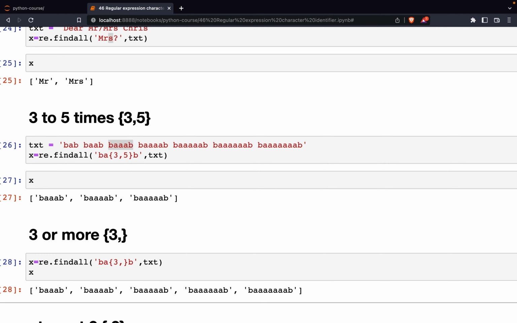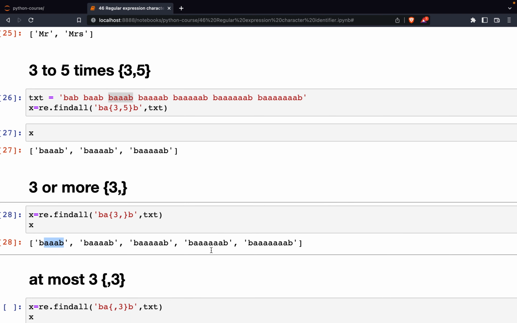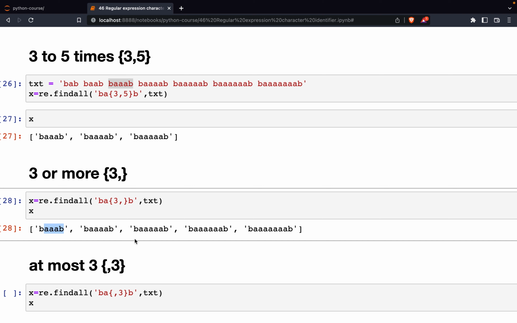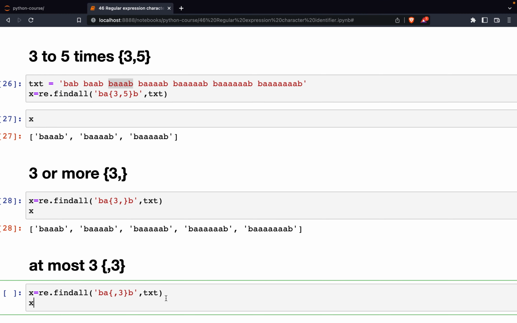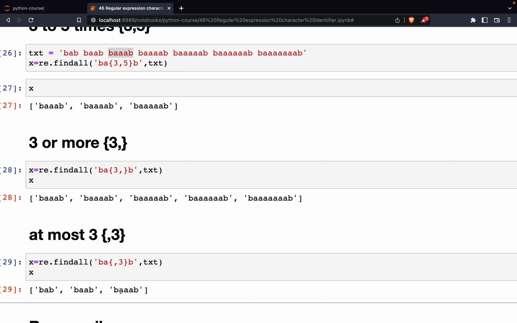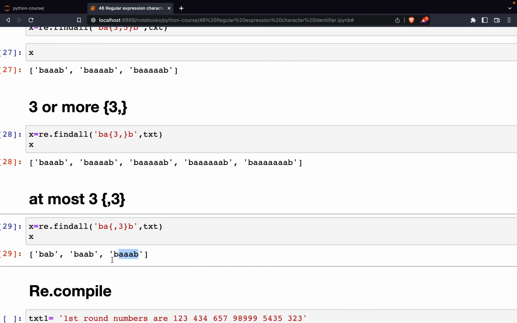So you get the x starting from 3 a's, 4 a's, and then more a's. So if this is at most 3 times, it will go from here to here. So those with more than 3 a's will not be included in this result.